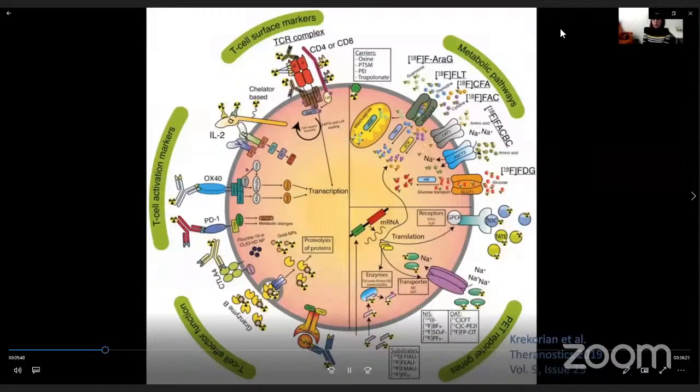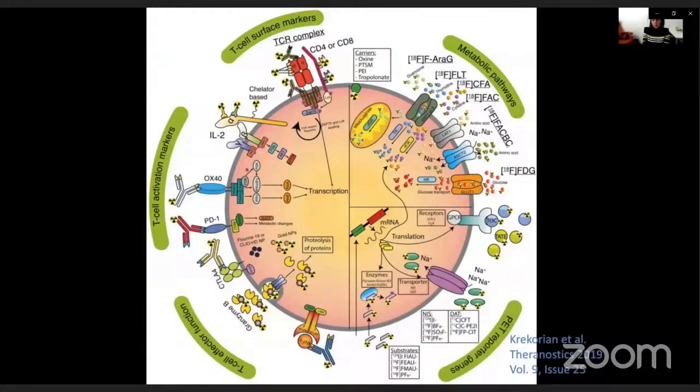If you look at the right side, you will see a lot of tracers which are in use for clinical purposes for immunotherapy monitoring. So most of these tracers are related to metabolic pathways like FDG, or proliferation tracers like FLT or labeled amino acids.